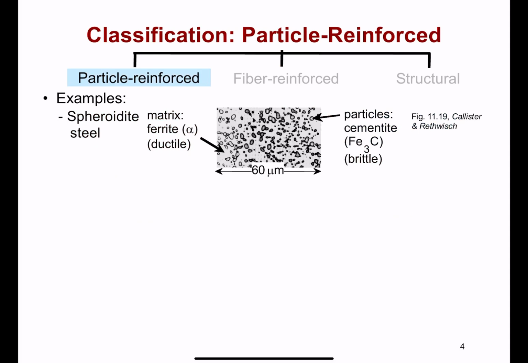So the alpha phase here would be the pure ferrite. It would be a low carbon iron mix and would be the matrix. And the reinforcement would be the cementite, the iron carbide material that is brittle.